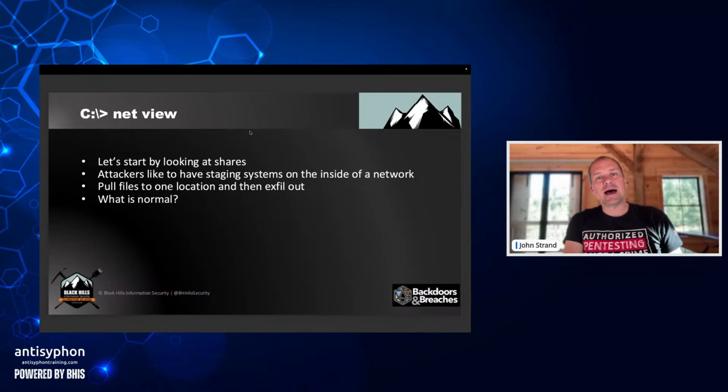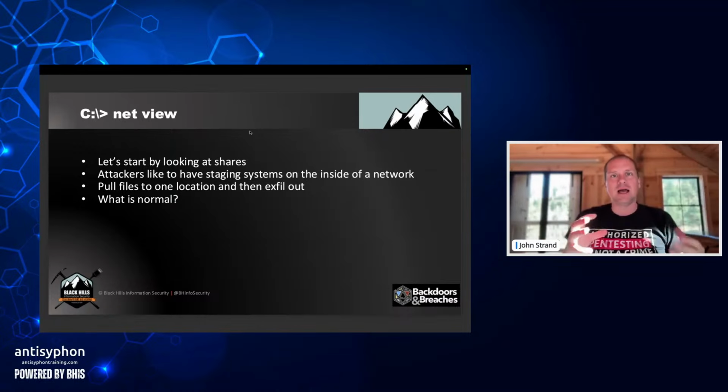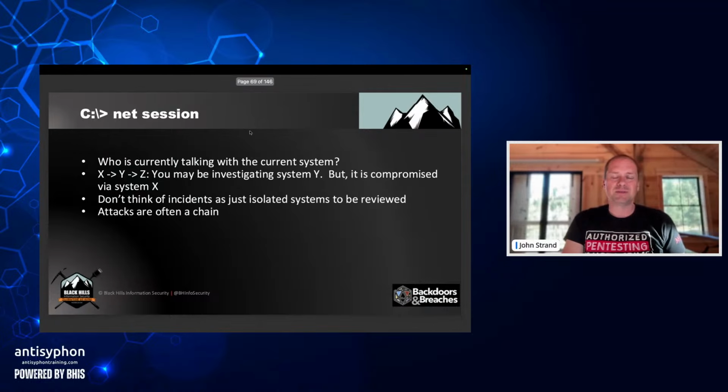So one of the things we want to look at sometimes, not all the time, is whether they're creating shares, using net view to see the shares on that computer system. And this gets into a core question: anytime you're threat hunting, what shares should be on your computer systems? I recommend people do threat hunting before they get into an incident situation, so they're practicing. This lab and this class is great for practicing, but it's also really important to exercise these skills to baseline what is normal on your computer systems.